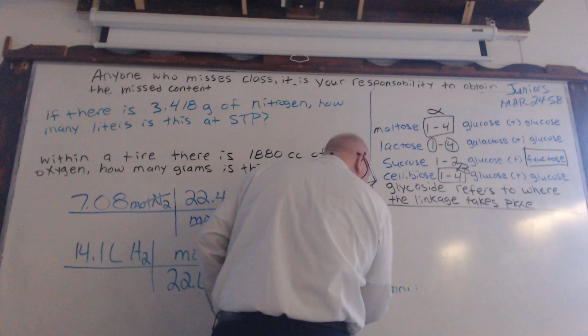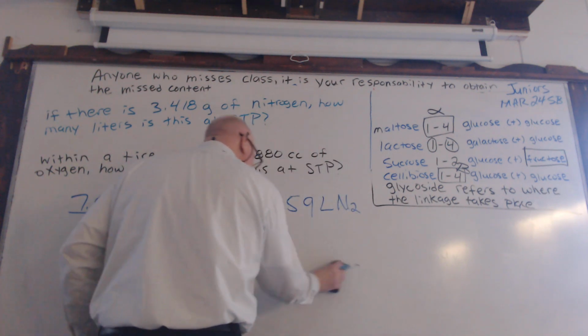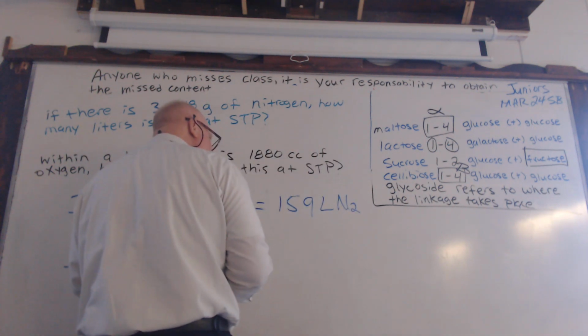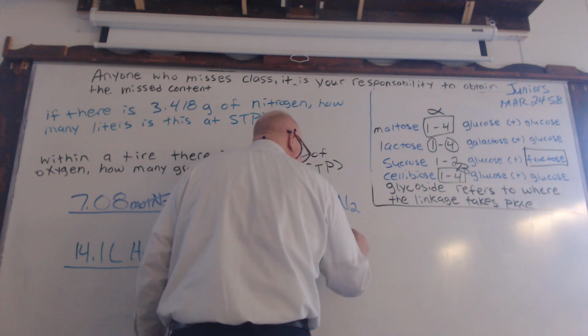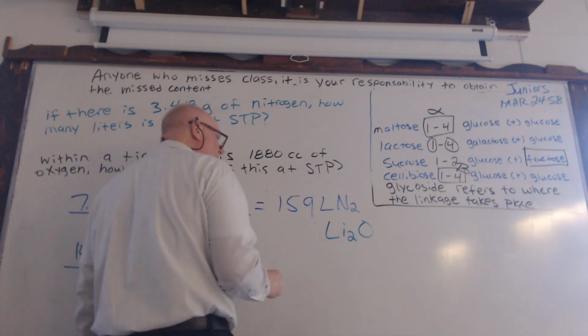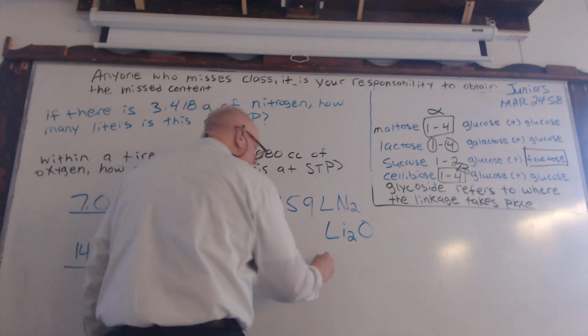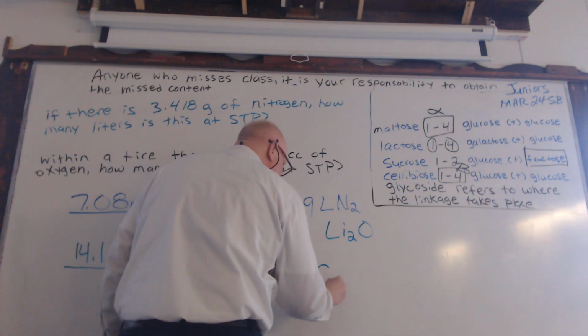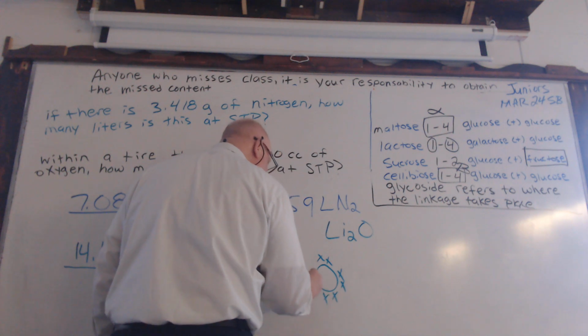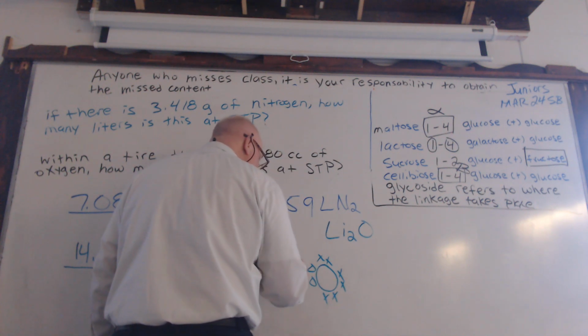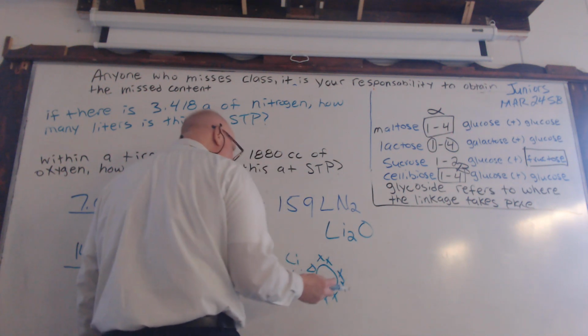Okay, well, what I mean by that is, they're doing dot diagrams. So I said, okay, if we have lithium, and we know that you have to have 2 of those, technically, I would say we could say that that's right.